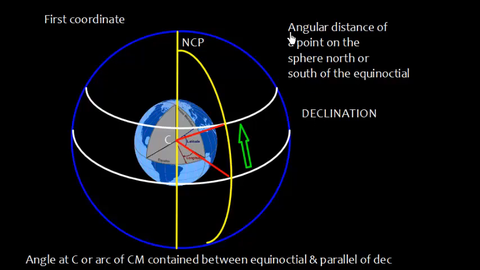Well, the declination is the angular distance of a point on the celestial sphere, north or south of the equator. So this is the angle at the center or arc of a celestial meridian. Well, this is the arc of a celestial meridian or angle at the center of the celestial sphere or angle at the center of Earth between the equinoctial and this one, the parallel of declination.